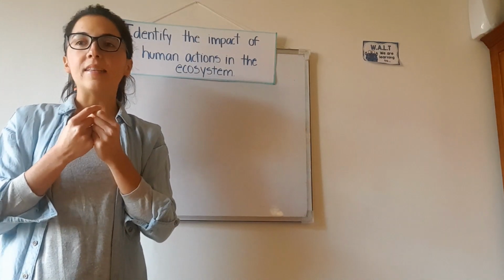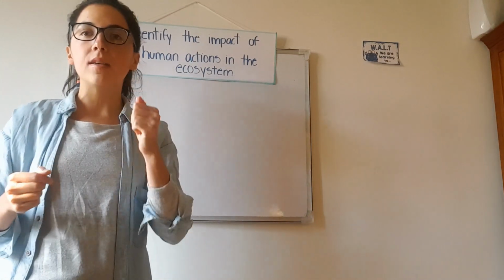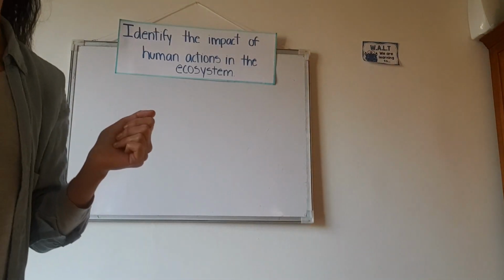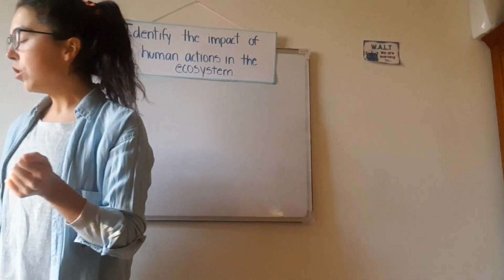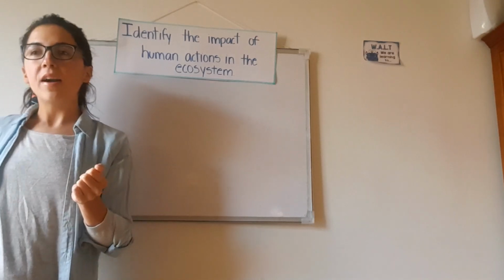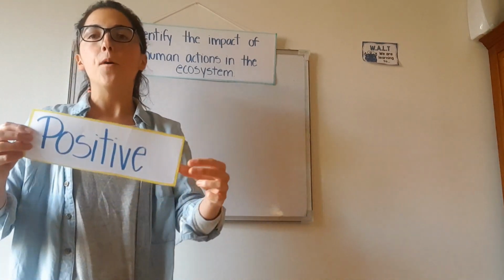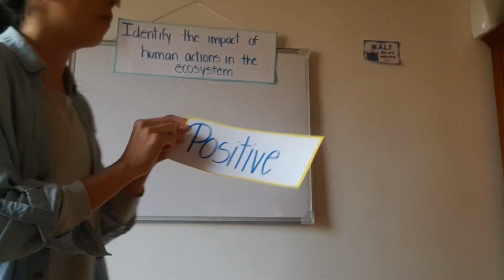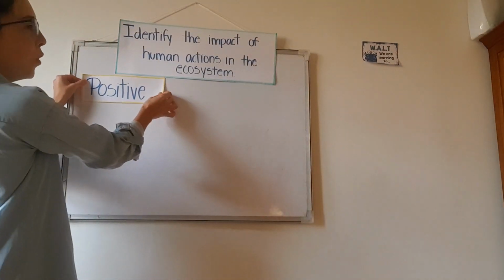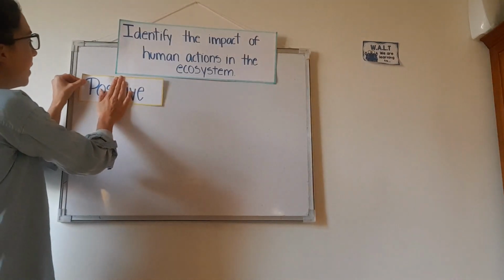This has had a positive impact in our ecosystem. So as we mentioned before, there are actions that we do in our daily life that have a positive impact in our ecosystem. We will place them here in yellow.